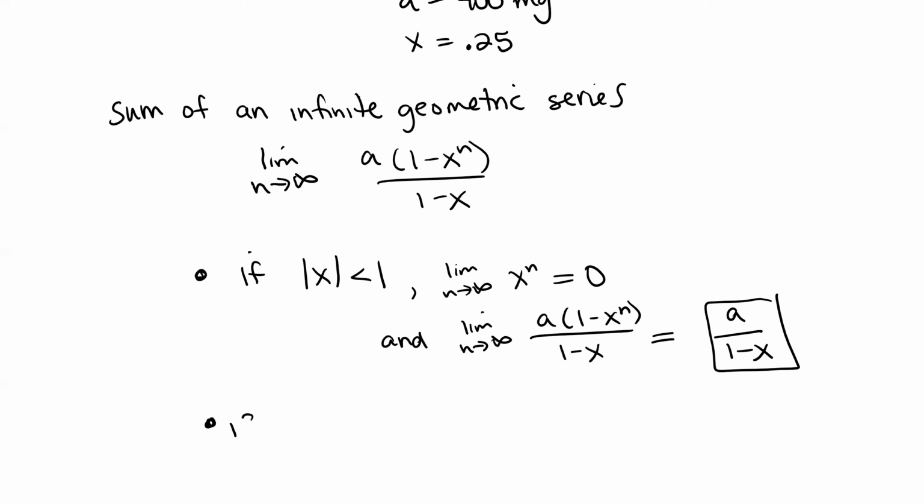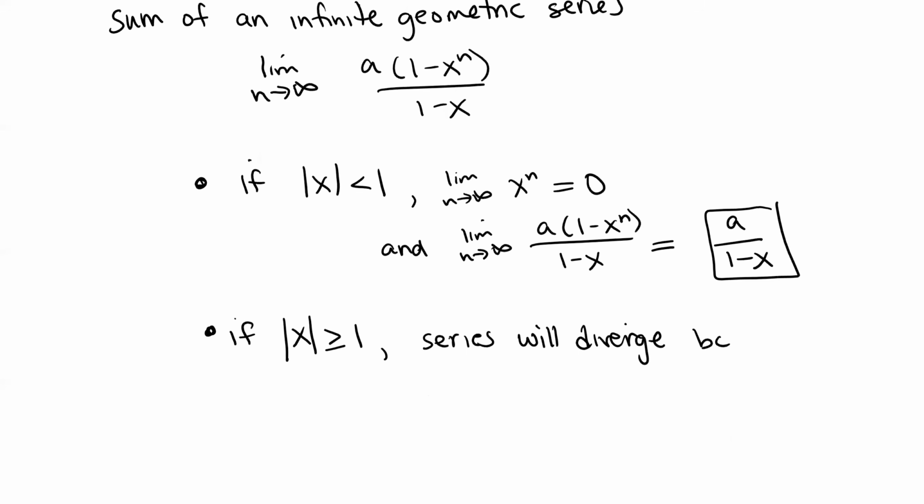And then if x is greater than 1, or more exactly, if the absolute value of x is greater than or equal to 1, then our series will diverge. Because if we look at the limit as n goes to infinity of x to the n, this diverges, it shoots off to infinity.